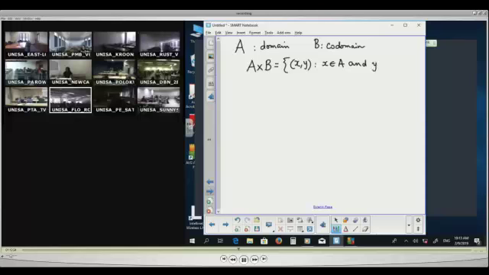Now, what do I do? Remember, the inputs are coming from these A's. But a particular such X is related to one and only one member of this output, right? Okay? So, what is the function?